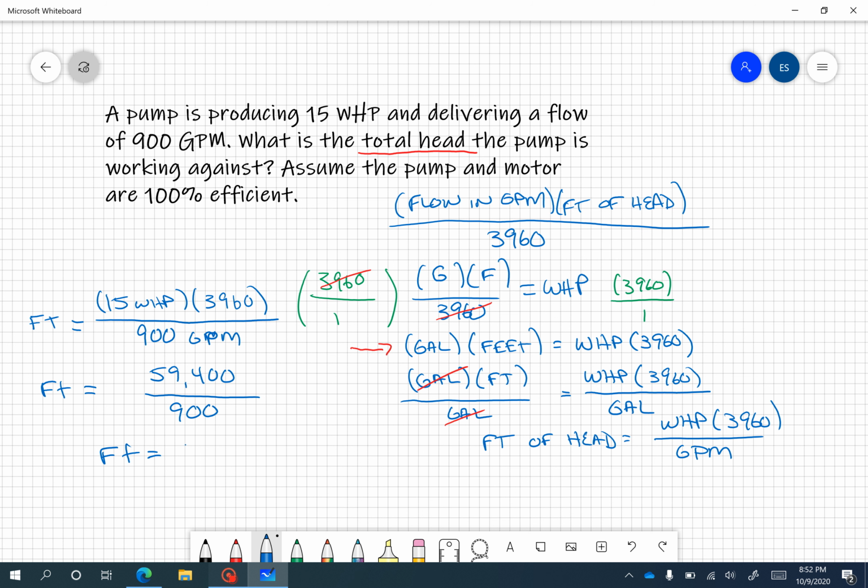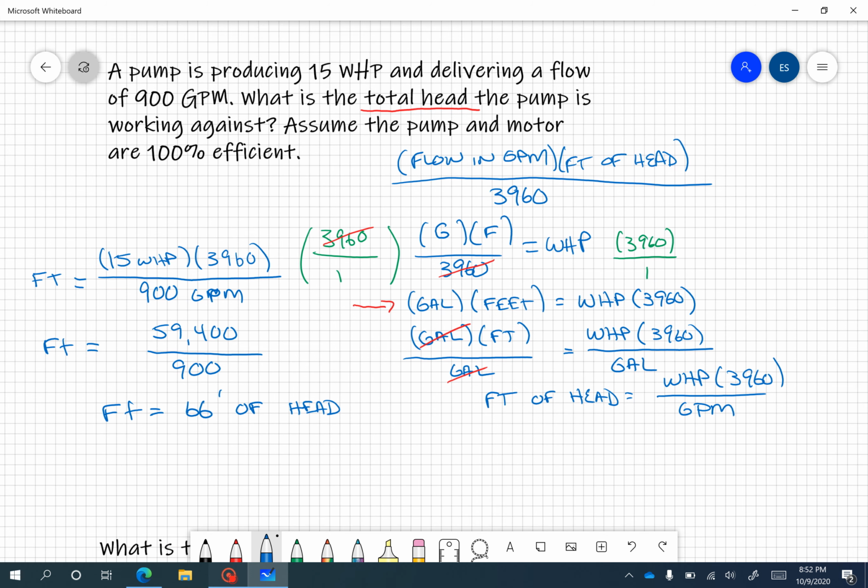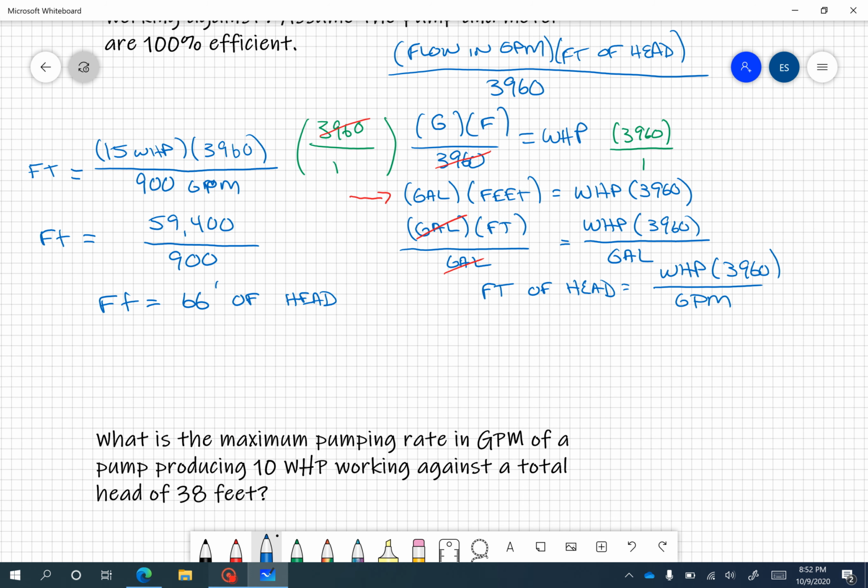I come up with 66. So 66 feet of head. We're using the same equation, we just have to rewrite it in order to get the number that we're trying to find on one side of the equation.